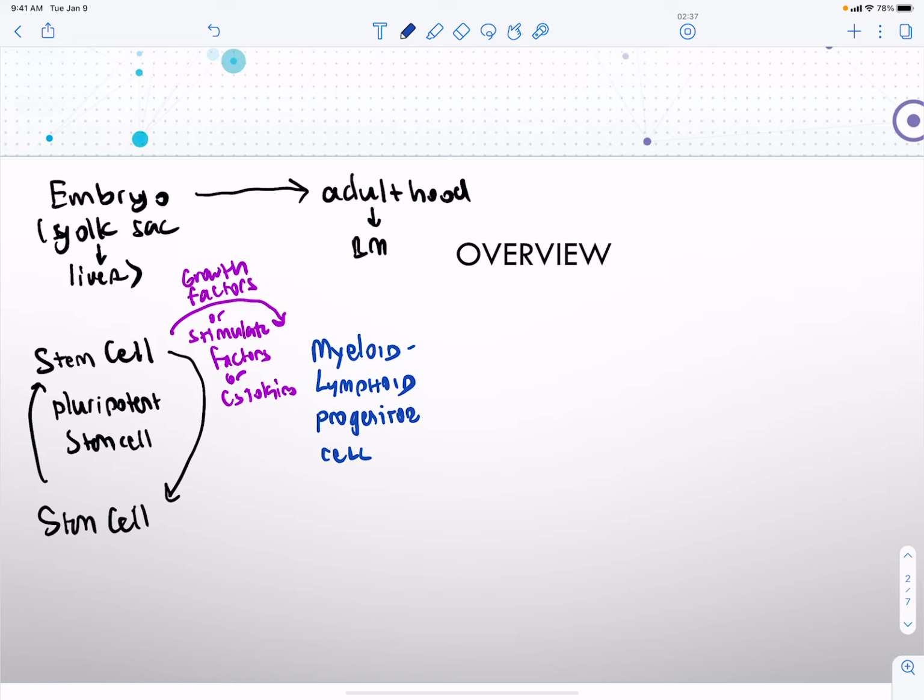Now this cell is a step down from a pluripotent stem cell, but it is a stem cell in the sense that it can form multiple subtypes of cells. And so this myeloid lymphoid progenitor cell will produce two other progenitor cells, and they are going to be the common lymphoid progenitor cell and the common myeloid progenitor cell.